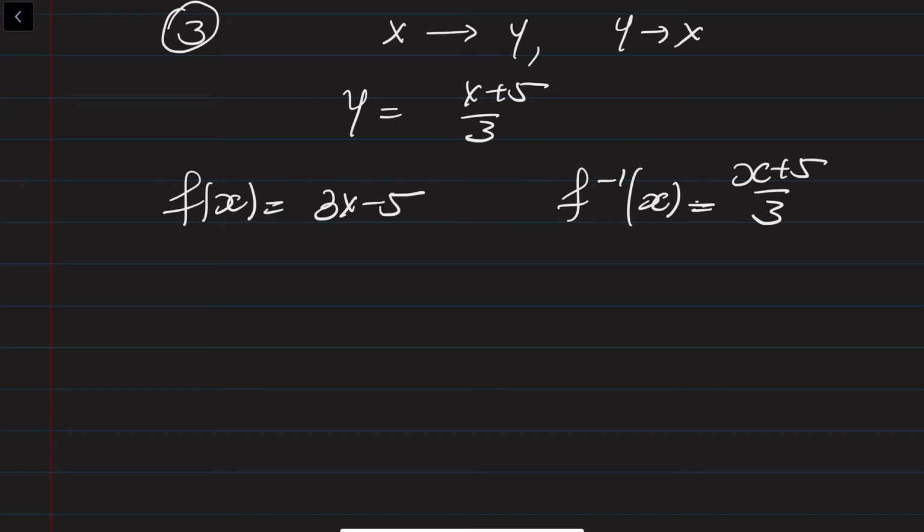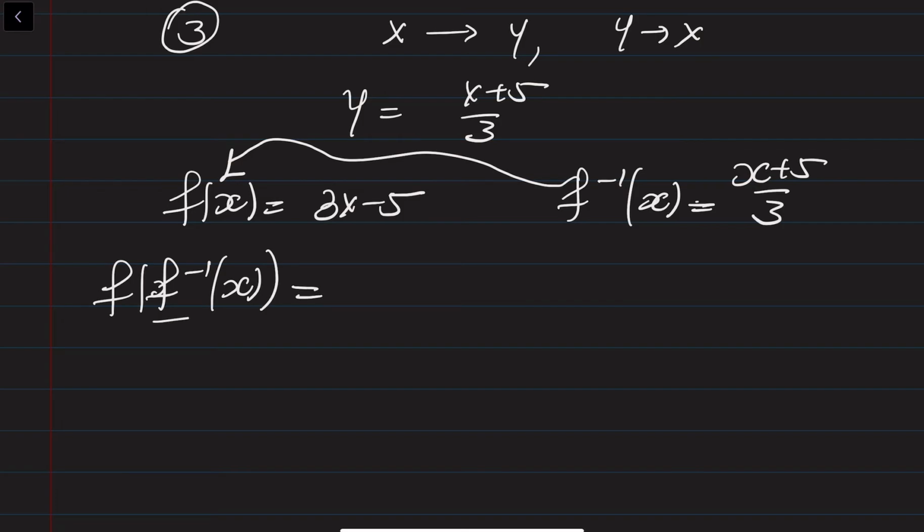So how can we check whether you found a correct inverse? You can just substitute the inverse instead of x. So f of the inverse of x: look at f inverse of x just as a symbol. What does your function do? It multiplies the symbol by 3 and subtracts 5. If you substitute the x symbol with another symbol, it should do the same thing.